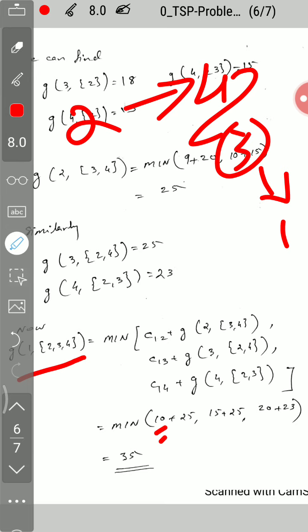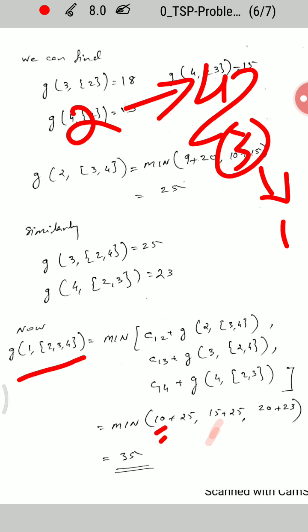Then C13, the cost of 1 to 3, is 15, plus G(3,{2,4}), already calculated, 25. Then the last one, C14, the cost of 1 to 4 is 20, plus G(4,{2,3}), already calculated, 23. So of 3 elements, which is minimum? 10 plus 25 is minimum. That is the first element.